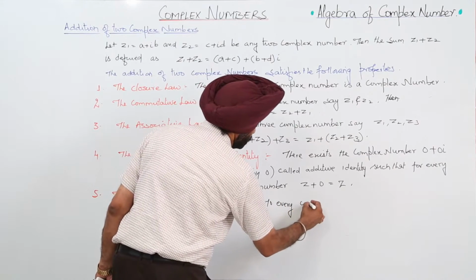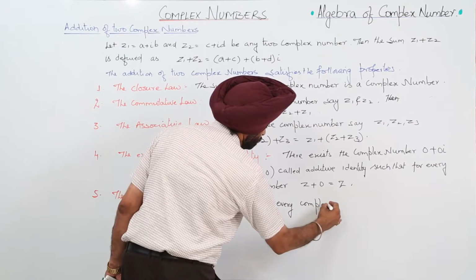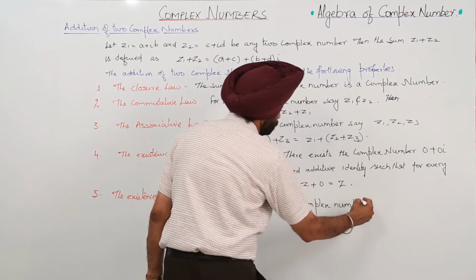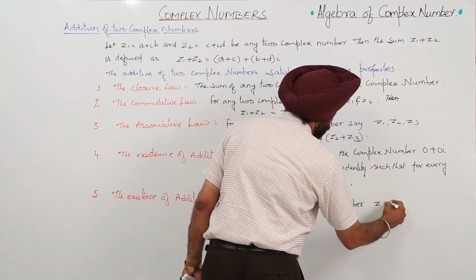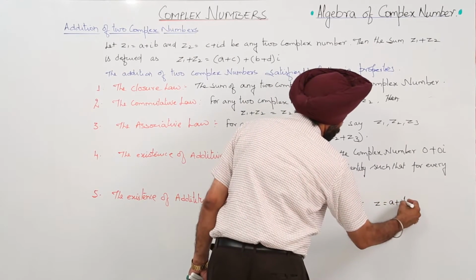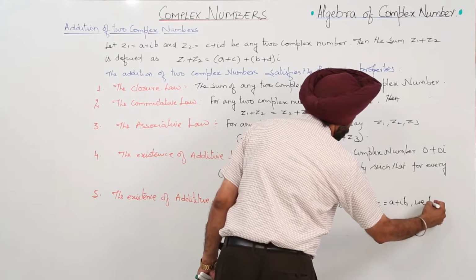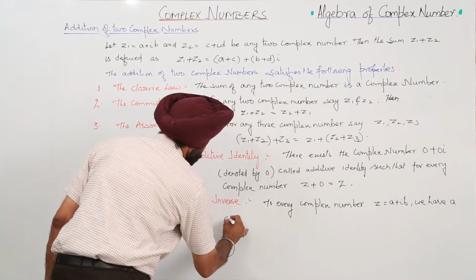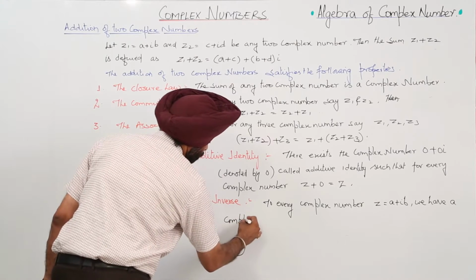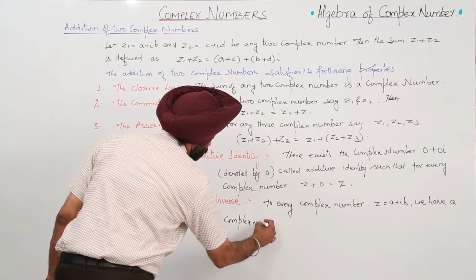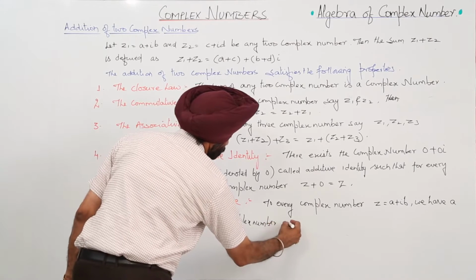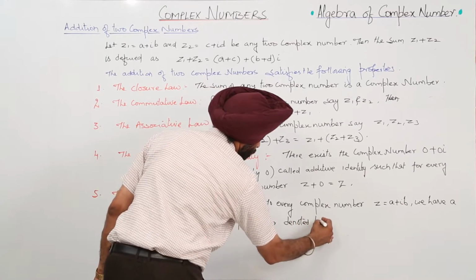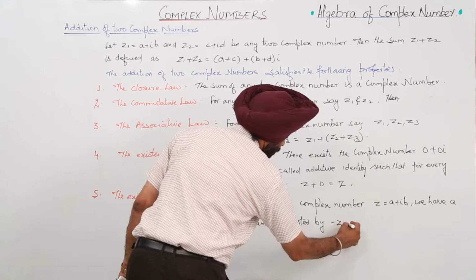To every complex number z equal to a plus iota b, we have a complex number denoted by negative of z.